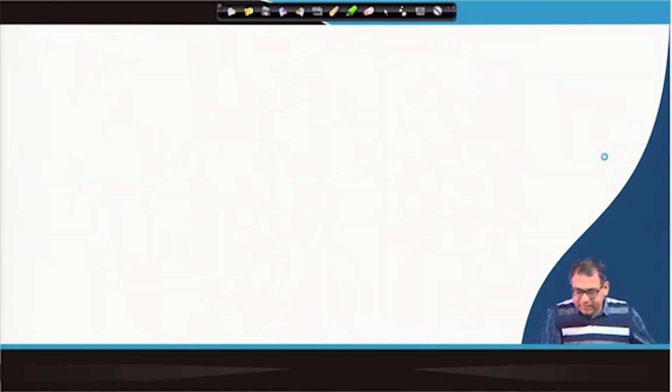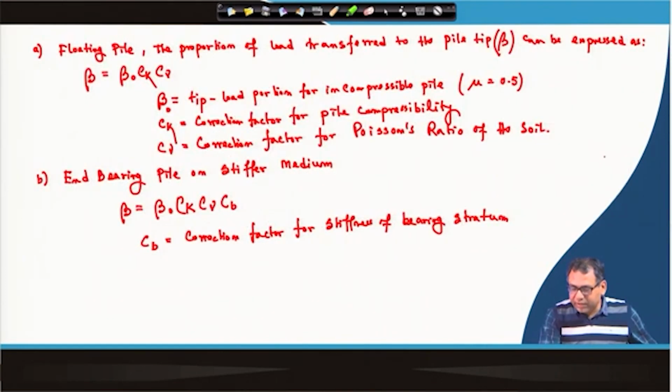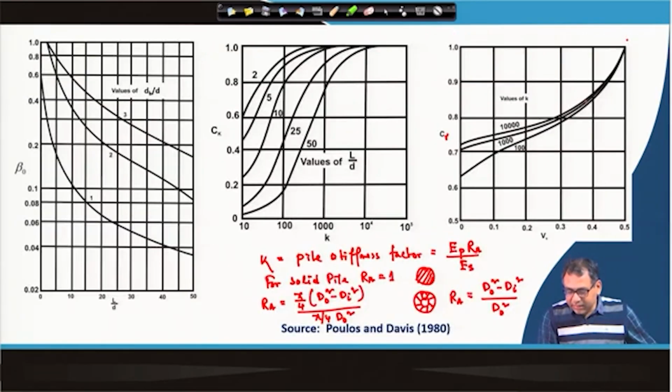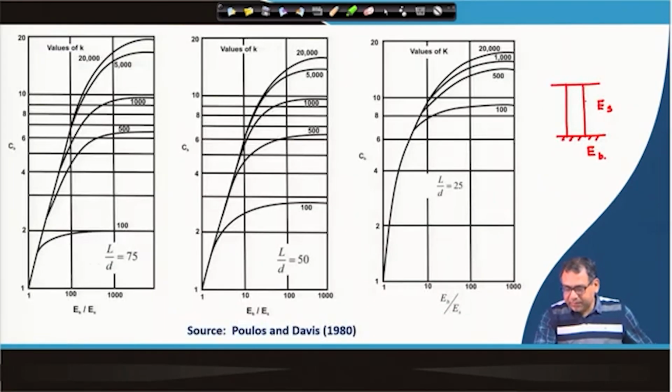And in the previous case, the floating pile means the pile is in a uniform soil, and that soil extends up to a deeper depth. Here it is resting on a stiffer medium, or stiffer strata. So, now this is E b by E s for different L by D ratio.